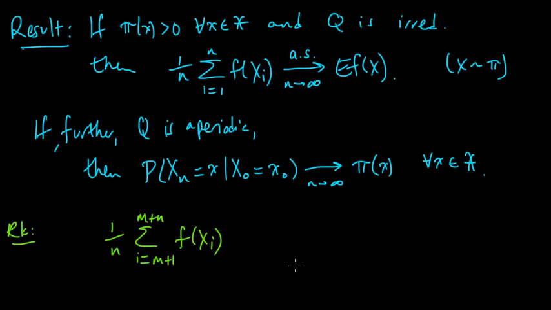And the reason why is because when you first initialize the chain, the distribution of the first xi's, x1, x2 up to xm or so, might not resemble this pi distribution very closely at all.